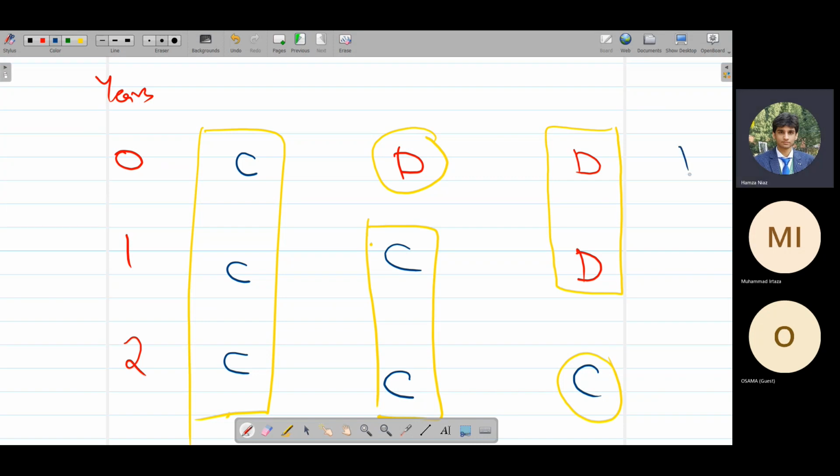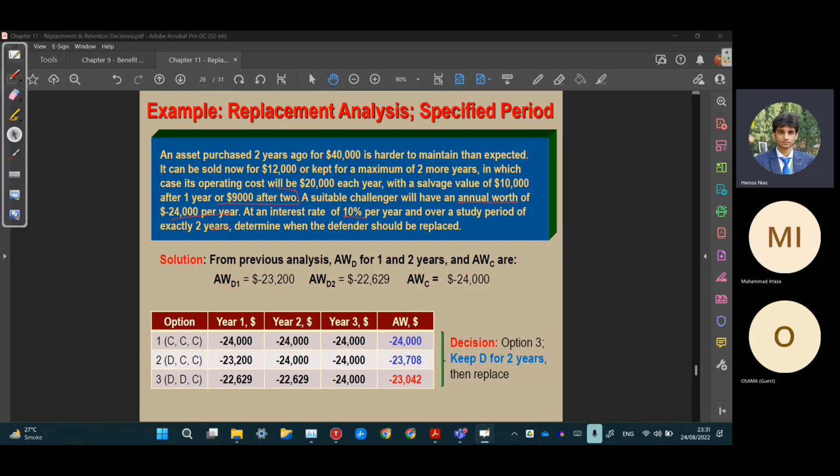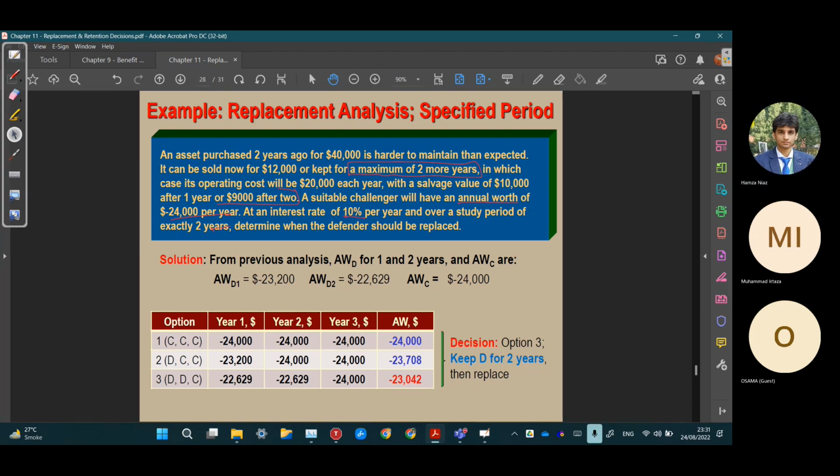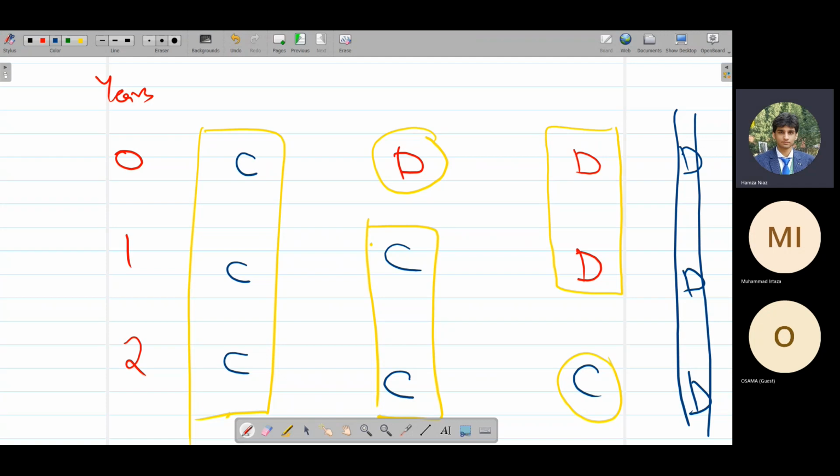Now the fourth option is if we retain this defender for all 3 years. Why are we not taking this option? We are not taking this option because they are saying that the defender can be kept for a maximum of 2 more years. We cannot keep our defender for more than 2 years, so this option they are negating in the question.